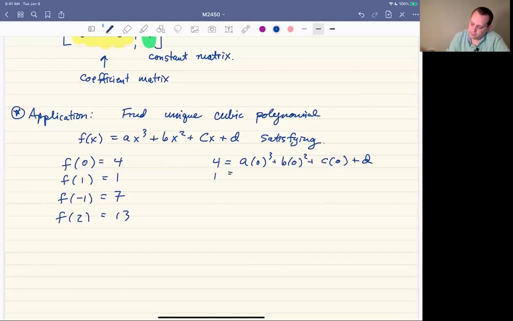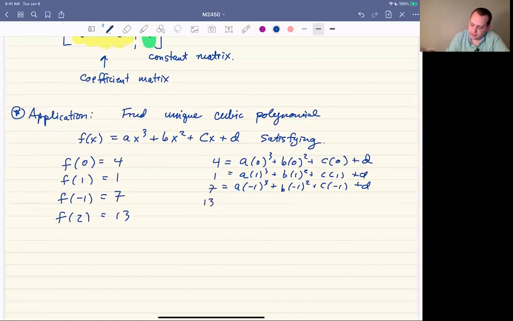We want 1 to be equal to f of 1, which is a times 1 cubed plus b times 1 squared plus c times 1 plus d. We want 7 to be equal to f of negative 1. So that'll be a times negative 1 cubed plus b times negative 1 squared plus c times negative 1 plus d.